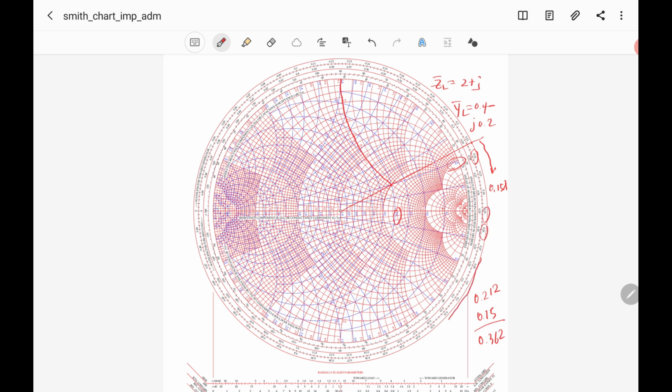If you read this value, 0.36, you can pick this point, right?